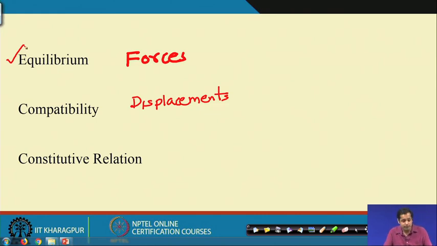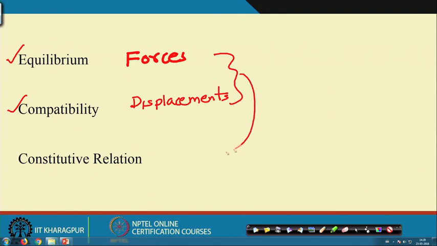For an indeterminate structure, equilibrium equations are not enough, so we need another set of equations, which are compatibility equations. And then once we have the force and displacement, the third pillar, the constitutive relation, tells you how this force and displacement are related to each other. So, these are the three important pillars that we have already mentioned many times.